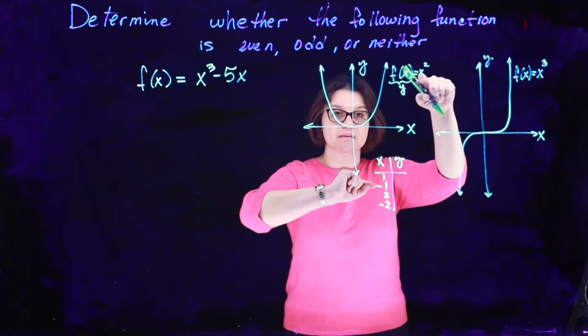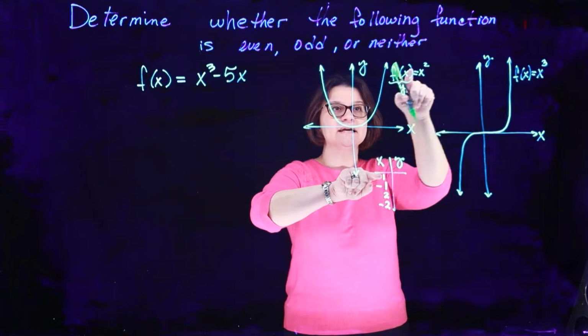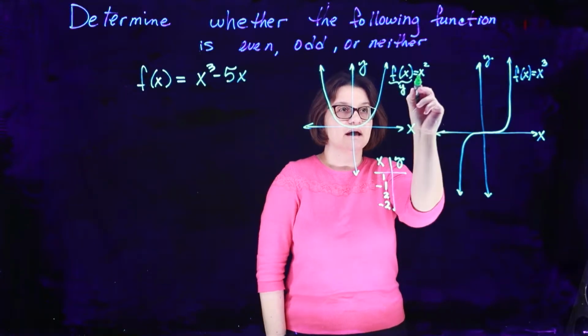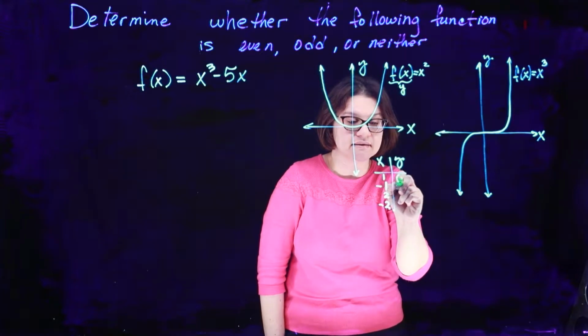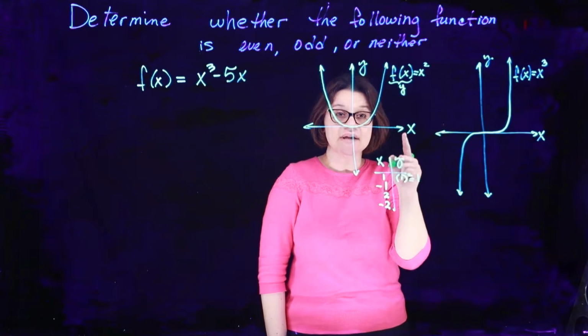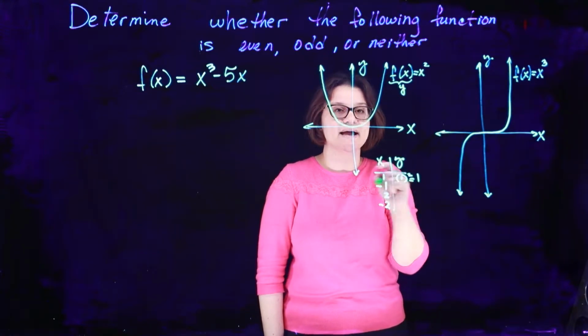Another way of saying it: let's substitute 1 into f of x. Let's find f of 1. X squared becomes 1 squared. Well, that's a 1. So now we found a point on the graph. When x is 1, y is 1.